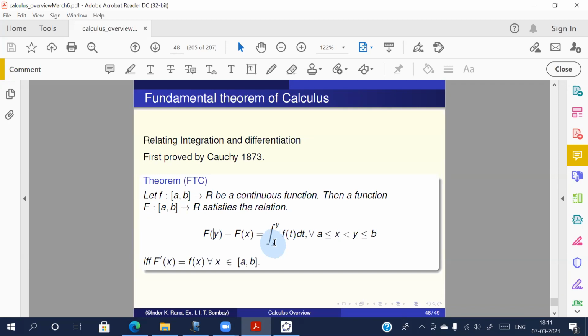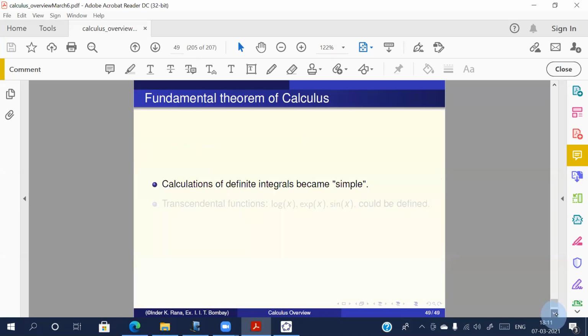But the crux of the theorem, the fundamental theorem of calculus, is missed. It gives a very easy way of computing the integral once you can recognize its antiderivative. So that is the advantage: the calculation of different integrals becomes simple because of the fundamental theorem of calculus.